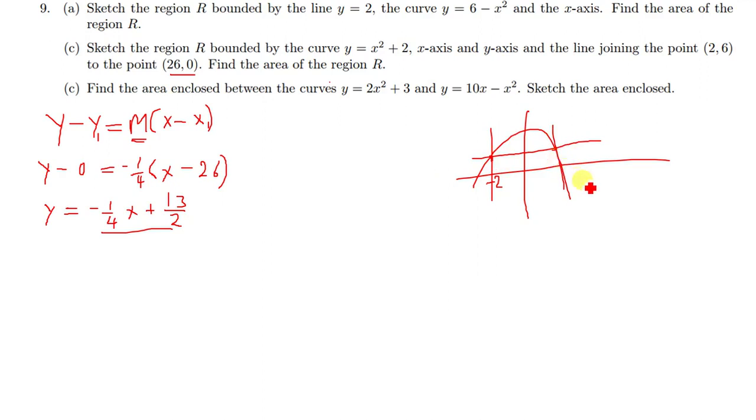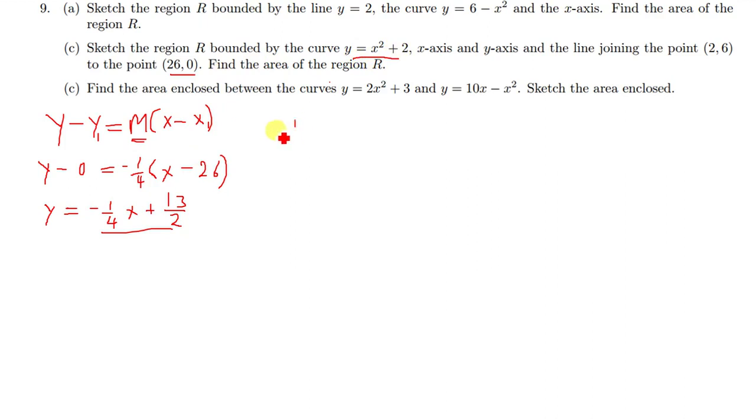Okay, let's now find the limits for our question here. We're going to solve this equation and this one simultaneously. So we're going to have -1 over 4 x plus 26 over 4, which is just the same as 13 over 2, equal to x squared plus 2.